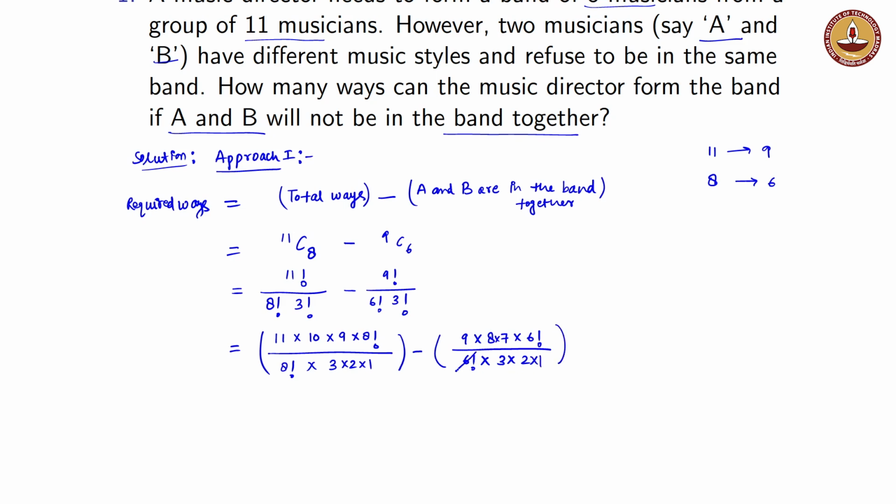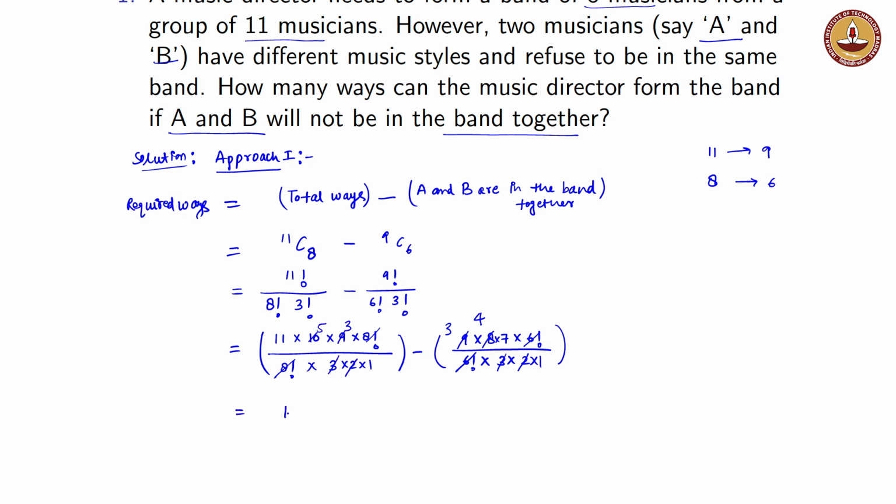So 6 factorial will get cancelled out, and here 3 times 2 times 4 will be 8, so it will be 4. Similarly here 8 factorial will get cancelled out, so it will become 3 and it will be 5.